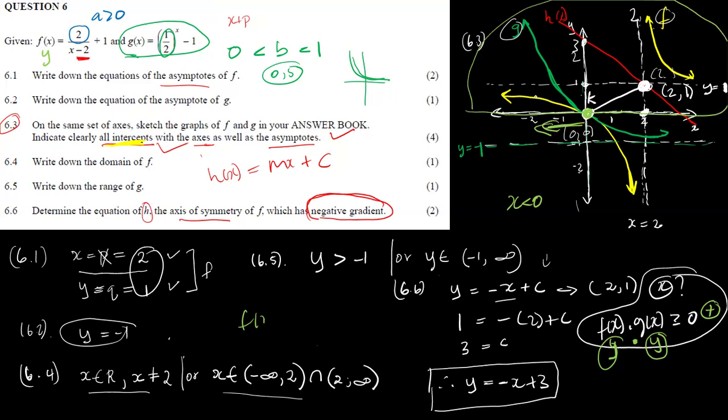Our graph of f goes like this and our graph of g goes like this. The y values for the yellow graph and the green graph are both positive. So when x is less than 0, this condition holds.